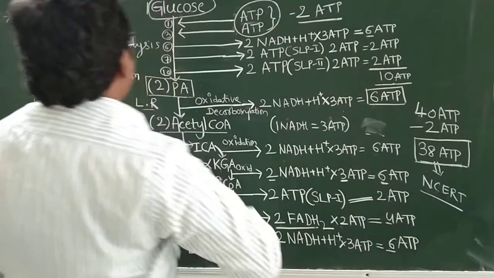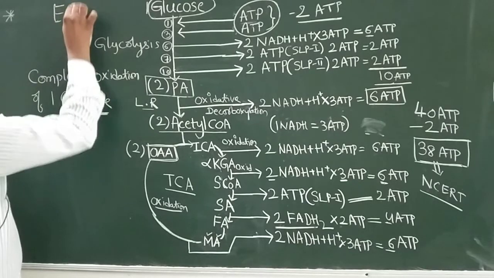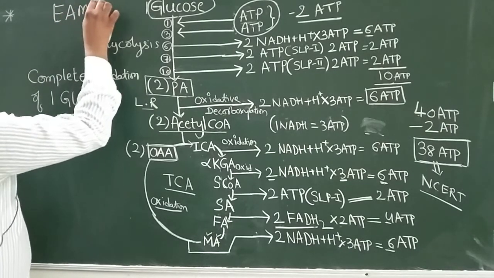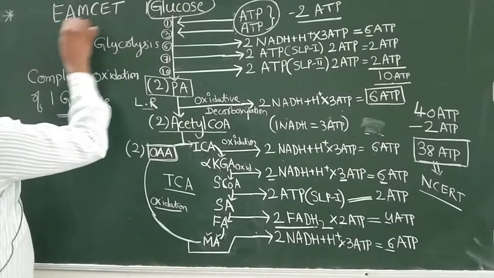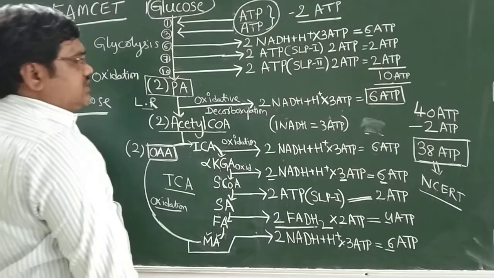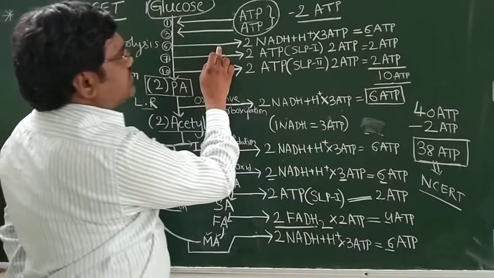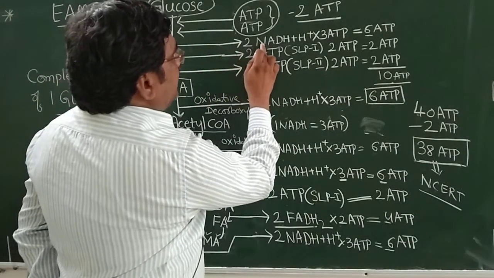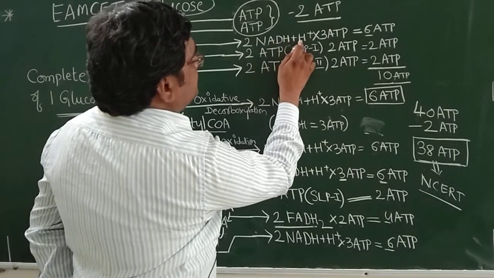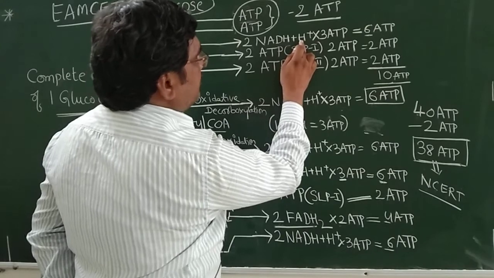But at the MSET level, the MSET in Telangana state, what is the difference? Only in the glycolysis 6th reaction. Here 2 molecules of NADH plus H plus are produced.